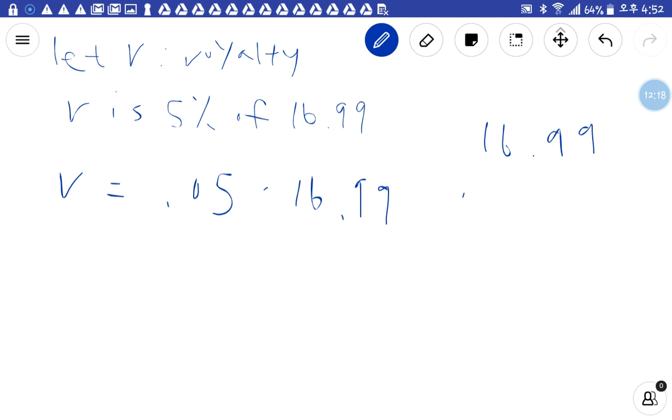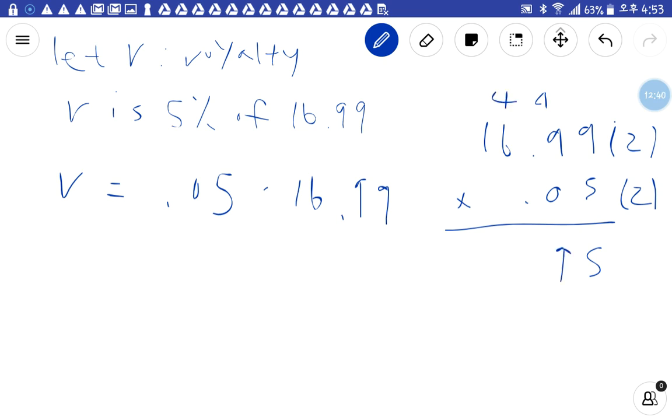16.99 times 0.05. You're going to move 4 after that. So 5 times 9 is 45, 45, 49. 5 times 6 is 30, 34, 8.